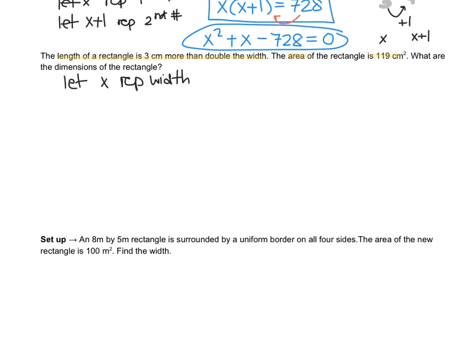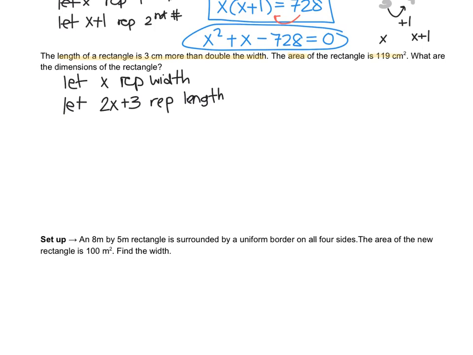And for my length, I'm not going to say y, because I know that if I double the width, which means multiply by 2, and then add 3, I will get my length. So doubling the width would be 2x, and then I want it to be 3 more, so I'm going to add 3. So 2x plus 3 represents the length. And I don't have two variables, so that's wonderful.